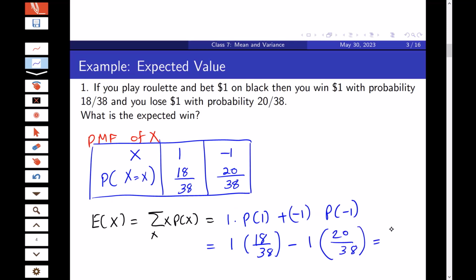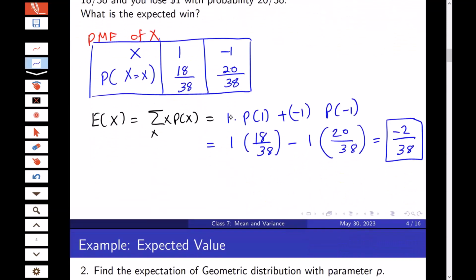So the answer will be negative 2/38. You can leave your answer in simplified fraction form, which is negative 1/19.